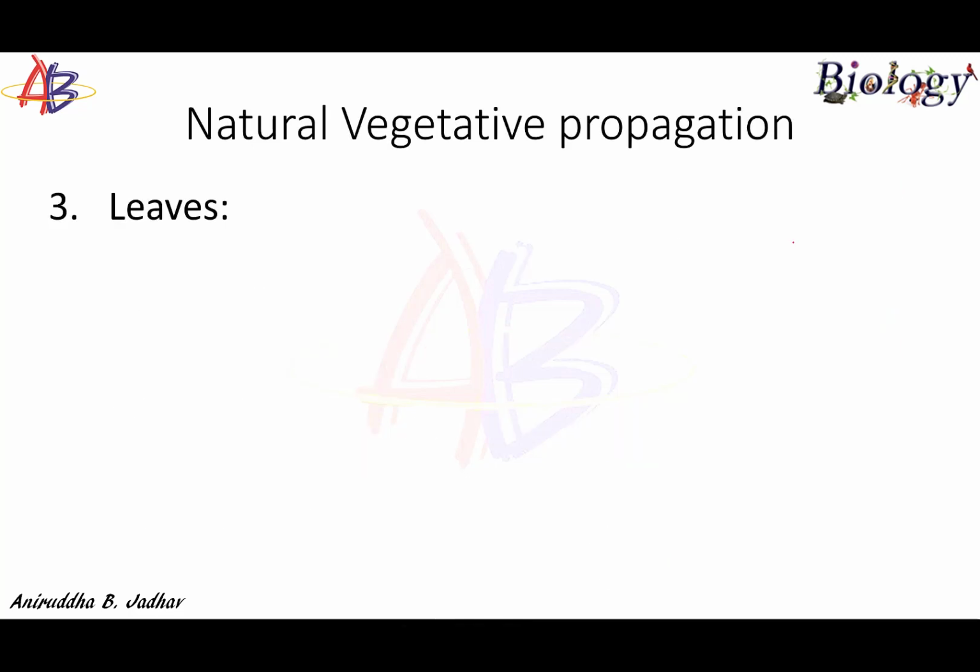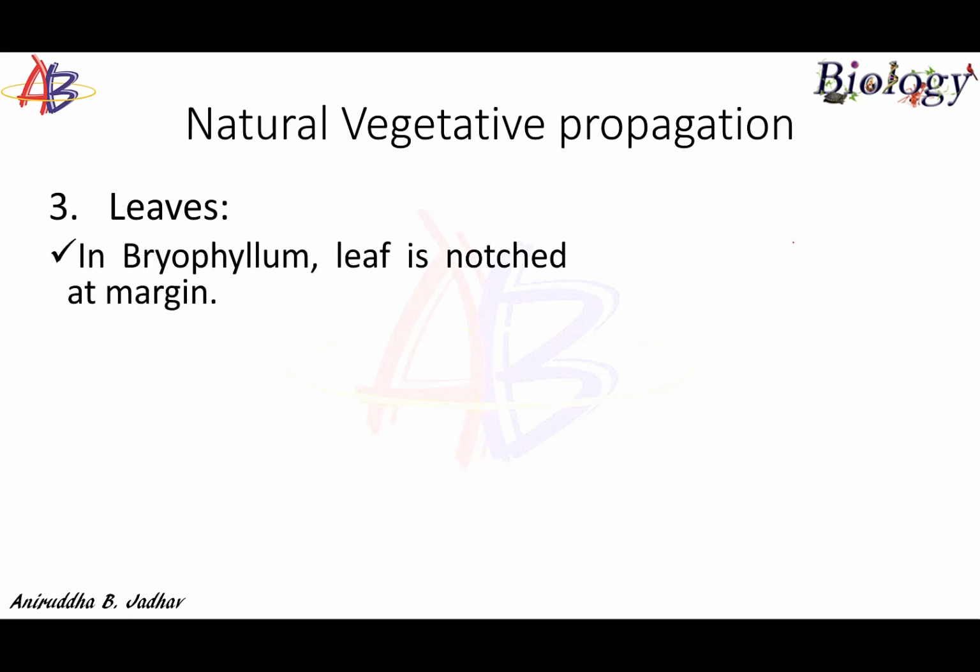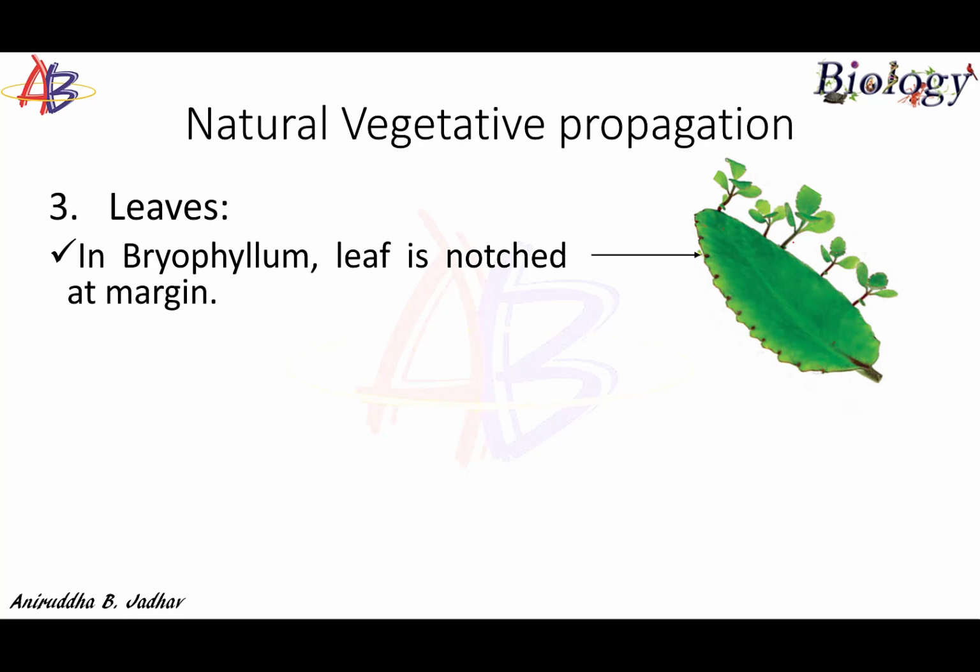Next, leaves. In plants like bryophyllum and begonia, vegetative propagation takes place with the help of leaves. In Bryophyllum, the leaf is succulent and has a notched margin. An adventitious foliar bud is present in each notch at the tip of a lateral vein.